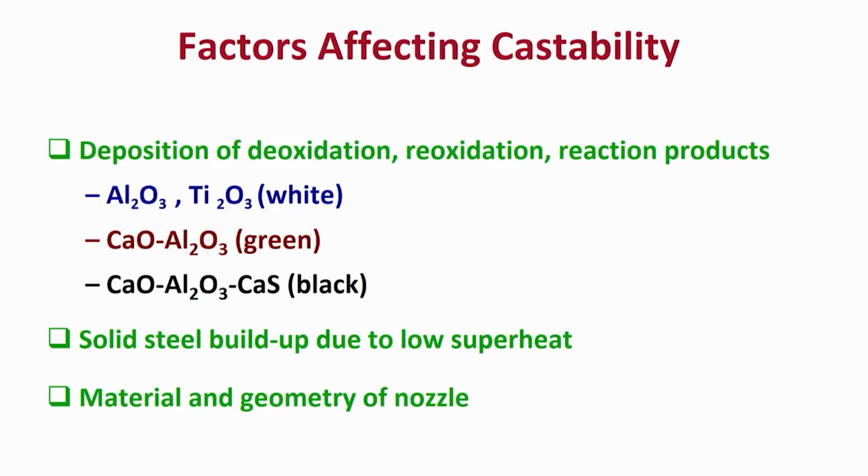So, next I have talked about the castability problems, why they happen, what the problem is, like either the deposition of the deoxidation products or reoxidation products or reaction products at the port of the nozzles creating problems. They have different colors, so we can know how they look even if you do not analyze them.